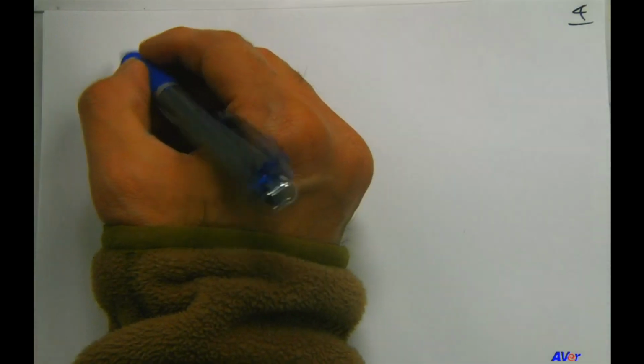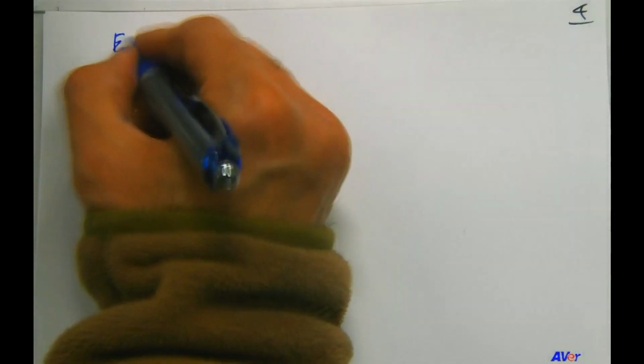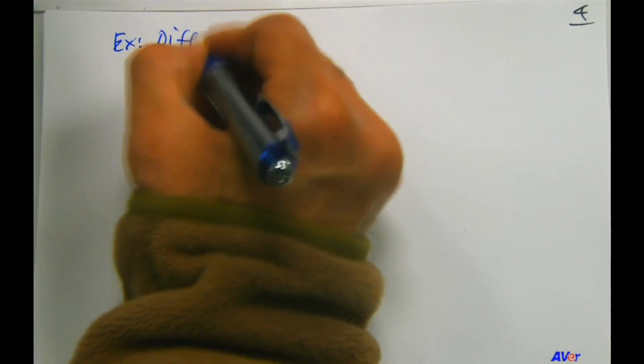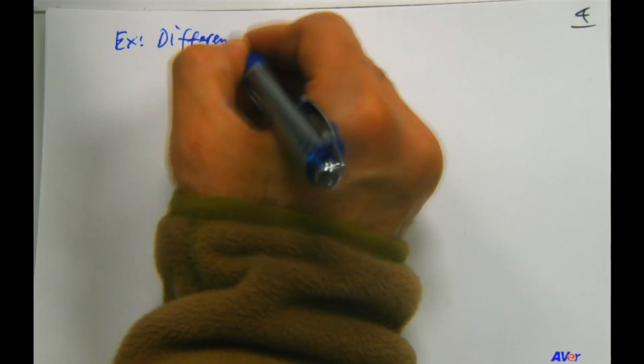What I mean is pause the video, do your work, and then come back to the video. Okay, I highly encourage you to do that. That's the only way to get you used to these techniques. Okay, so let's differentiate the following.